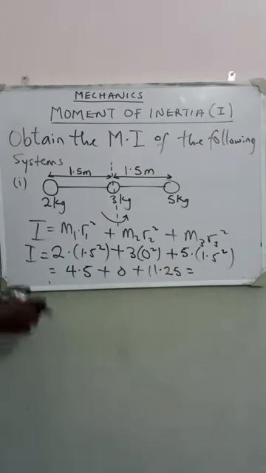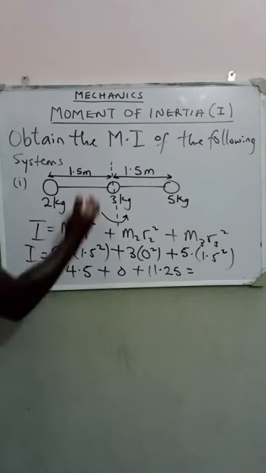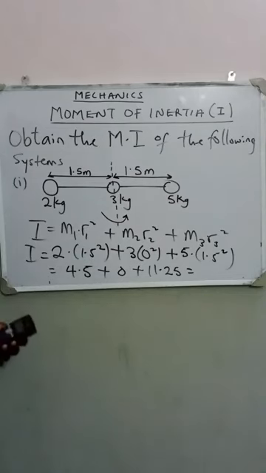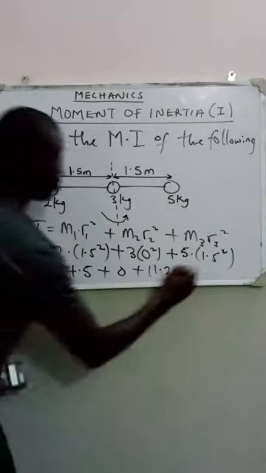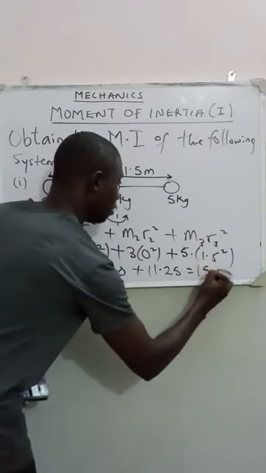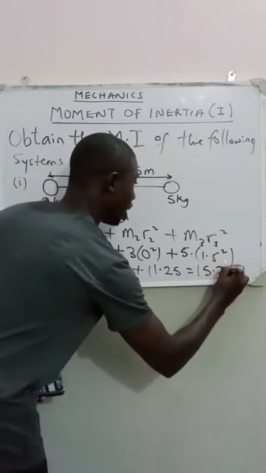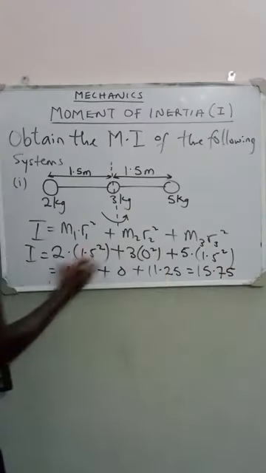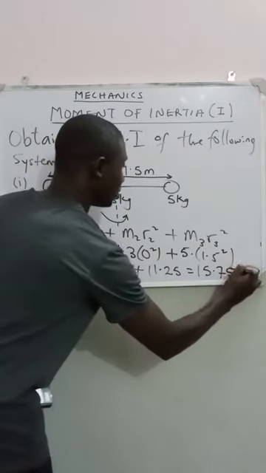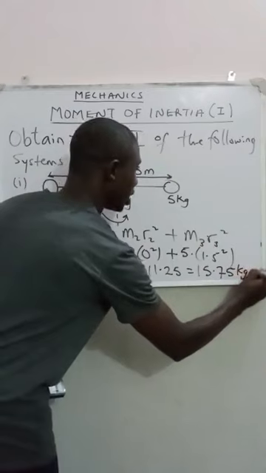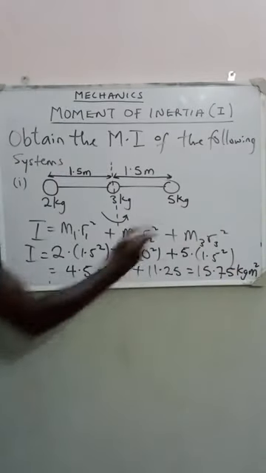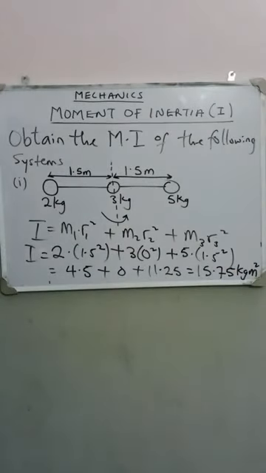When we add 11.25 to 4.5, our result for the moment of inertia of this object is 15.75. The unit is kilogram meter squared, 15.75 kilogram meter squared.